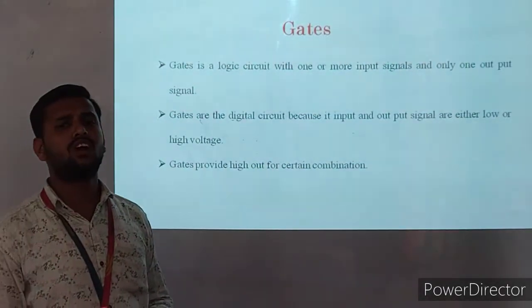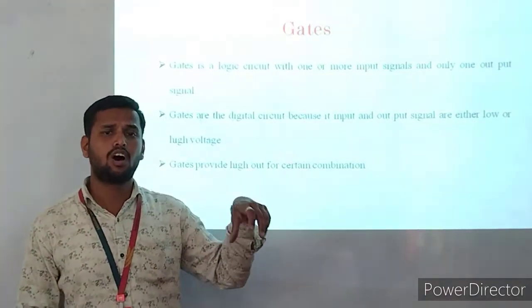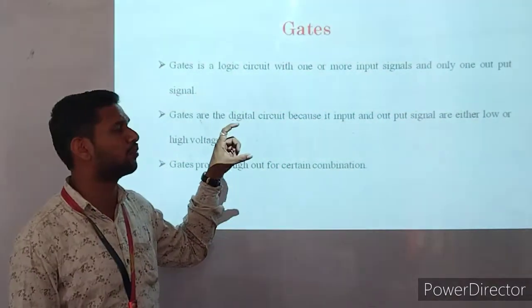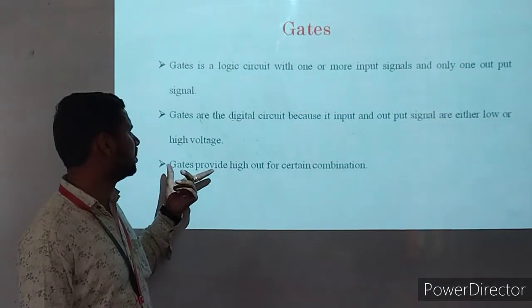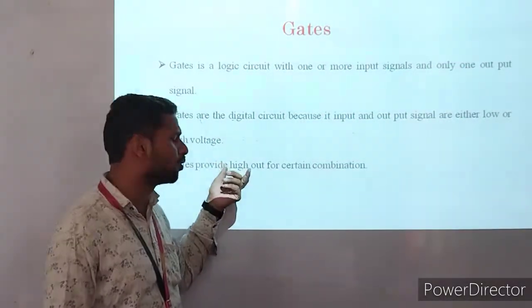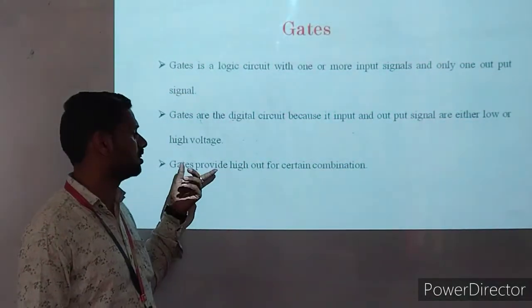It means the output of the logic gate is controlled by the inputs or variables connected at the input. We use a certain combination of inputs, and only then will the output be high. That is another characteristic of the logic gate.